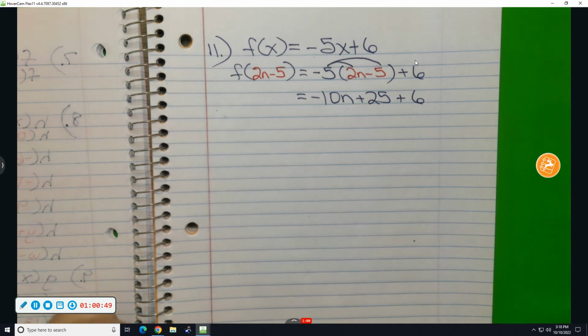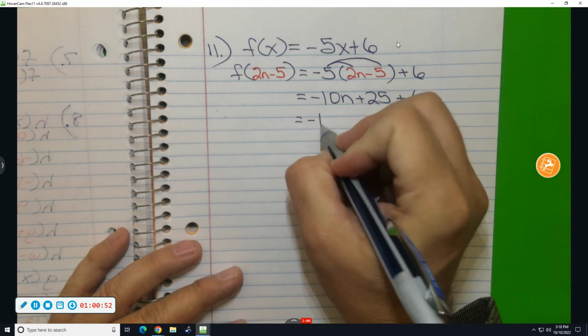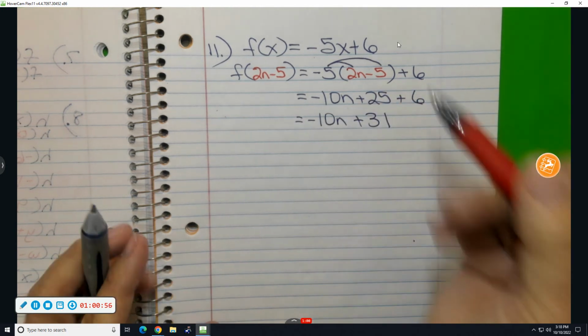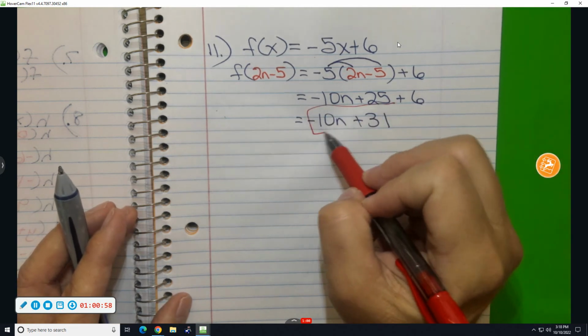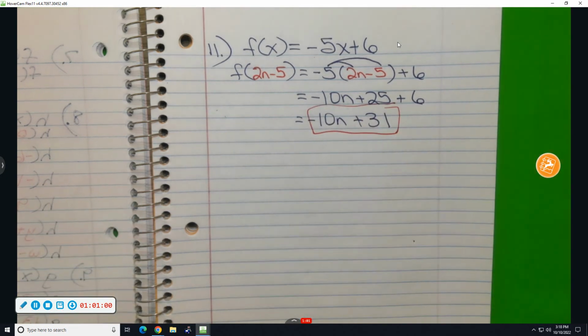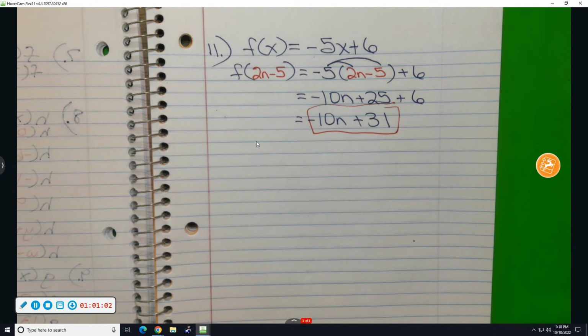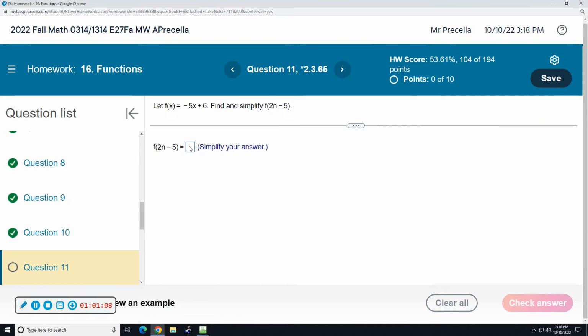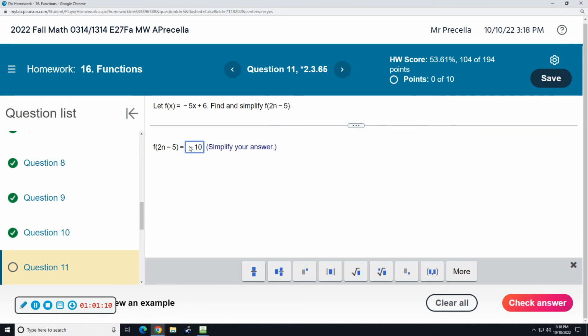Add the 25 and 6 to give us negative 10n plus 31.